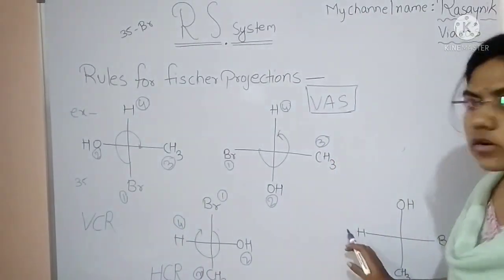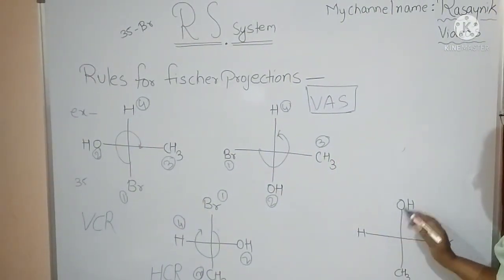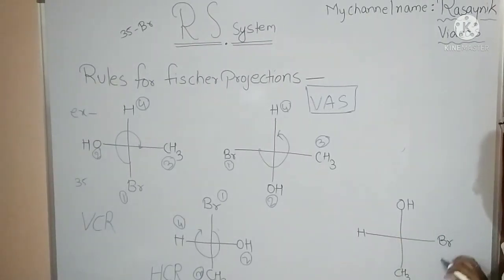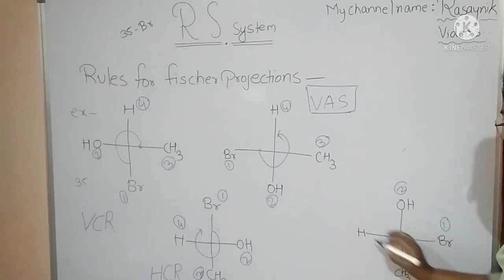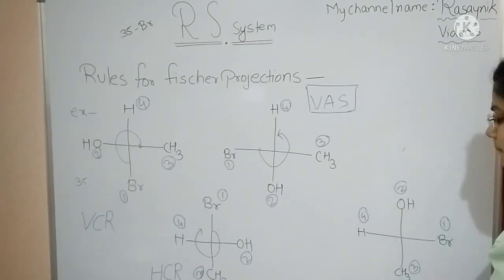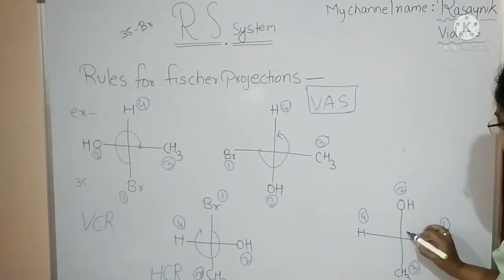Now the fourth example, where the same atoms are present. Give numbering first, second, third and fourth. Then how will it rotate?